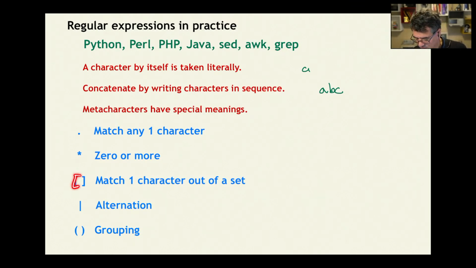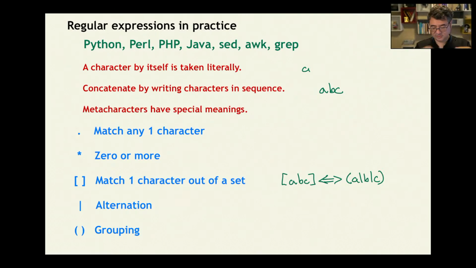They've got the square brackets, which are used to match one character out of a set of characters. For example, if I put A, B, C inside of the square brackets, it means match either an A or a B or a C. In other words, this is equivalent to A or B or C with the vertical bars.